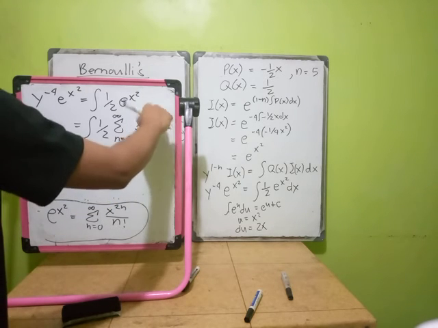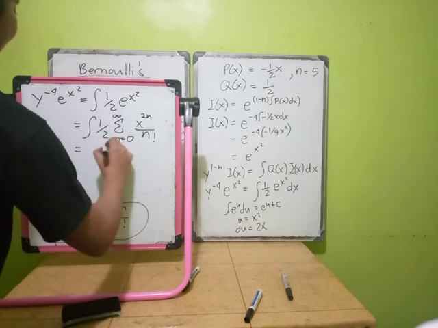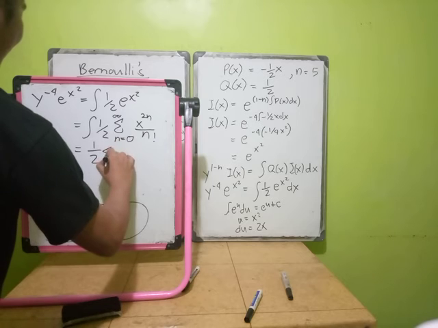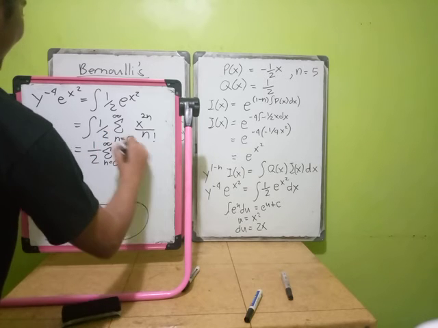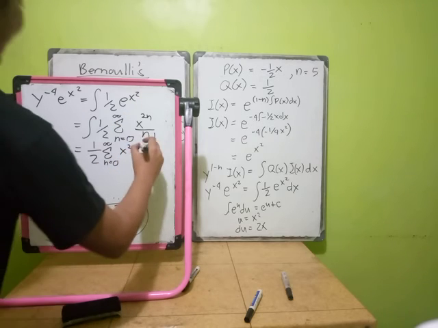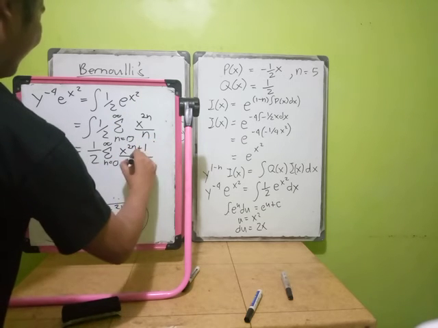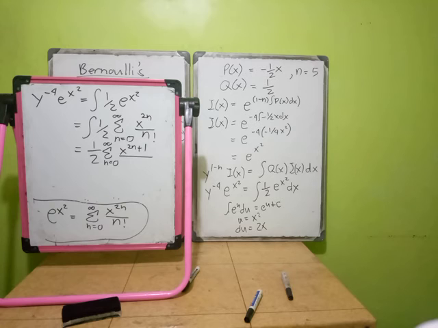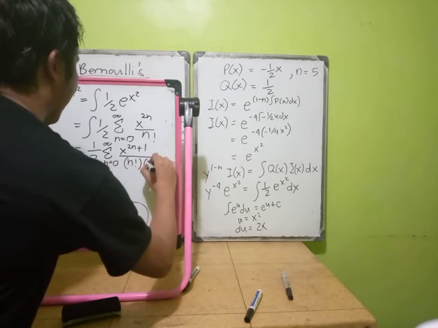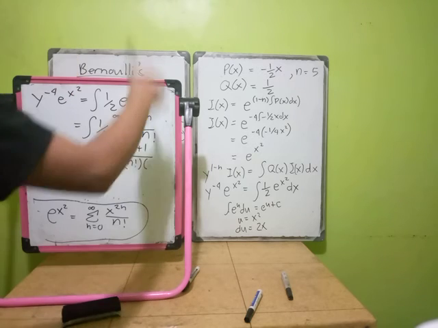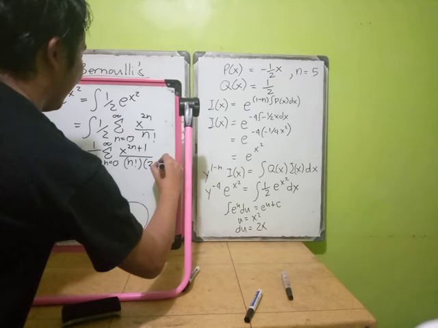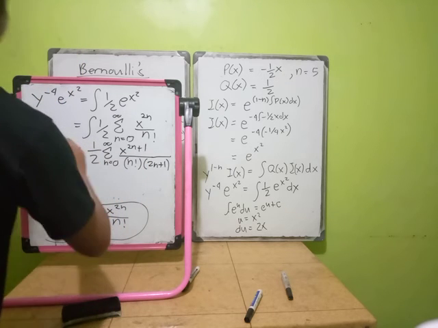Kapag in-integrate mo, magiging x to the power of 2n plus 1 over n factorial times 2n plus 1. Yan yung sagot natin.